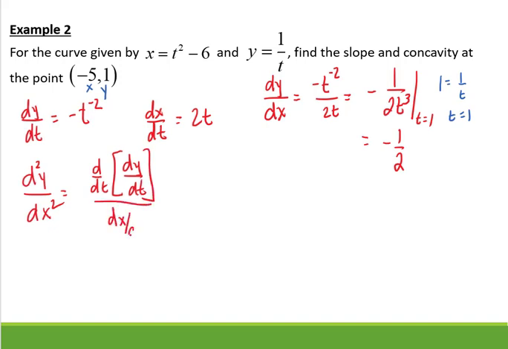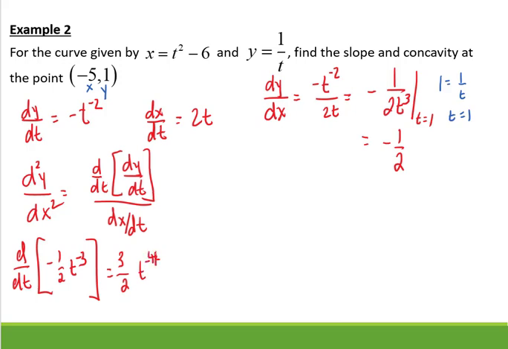So the derivative with respect to t of my derivative, remember my derivative was negative 1/2 t to the negative third. The derivative of that is 3/2. Bring down the 3, subtract 1 from your exponent. That's negative 4 there. So that's what goes on the top: 3/2 t to the negative fourth.